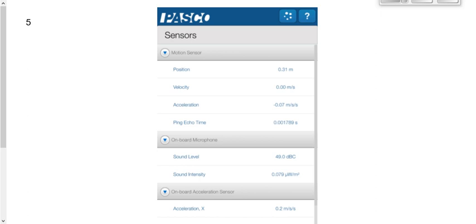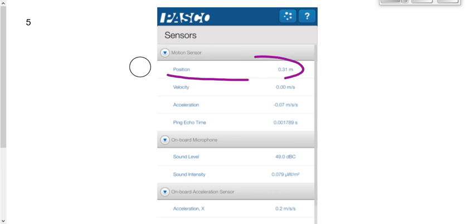Now, how do you collect that data? It's been a while for some of you since you've used the AirLink apparatus. This screen probably will look familiar to you. Okay? When you've used it before, you plug the motion sensor in, and the screen that pops up on your phone should look like this. In Physics 20, typically you would click the position button so that you would get a position time graph.